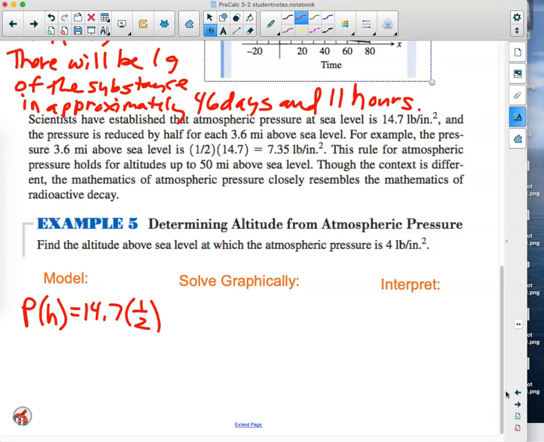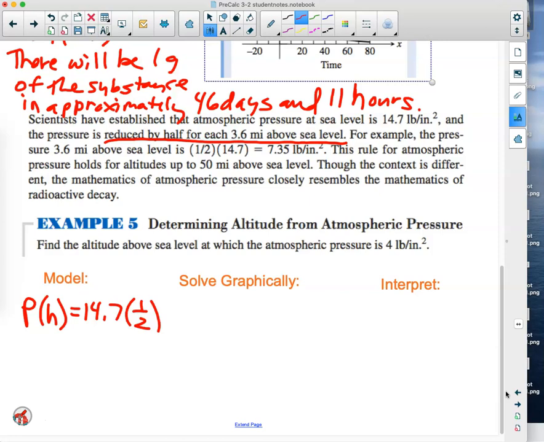So now what I really have to spend time on is, instead of time interval, what's this height business that changes this interval? It's reduced by a half for every 3.6 miles above sea level. So I start thinking, okay, if I have perfectly 3.6 above sea level, that's going to be 1 time increment. But if I had 7.2, that would be 2 time increments.